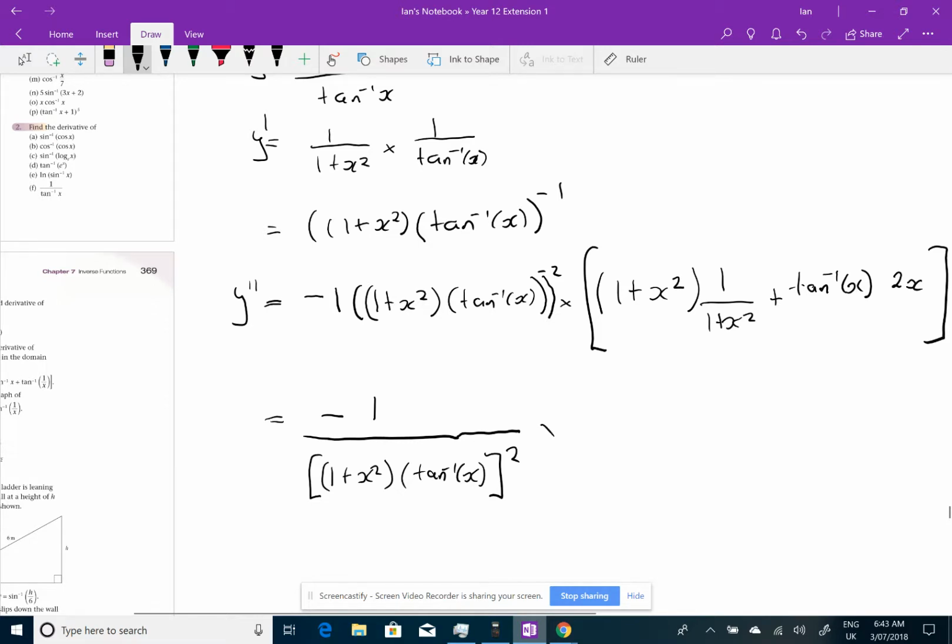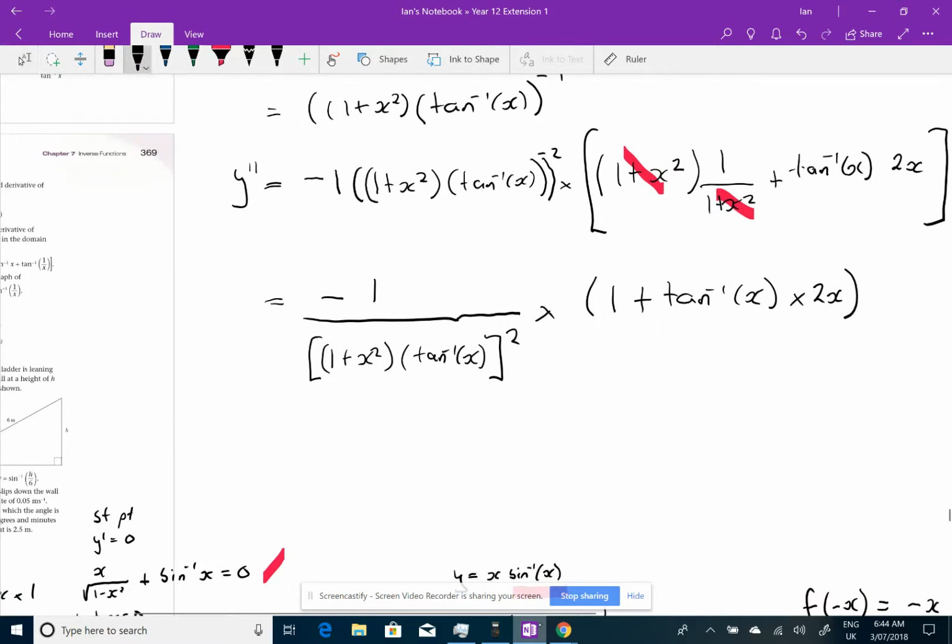And then I get multiplied by, well, this is really cool because that's going to cancel with that. And what do I get here? I get 1 plus tan to the minus 1 x times 2x.